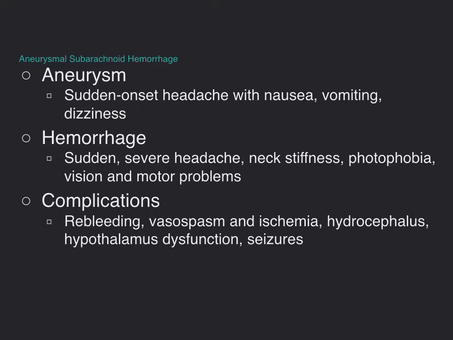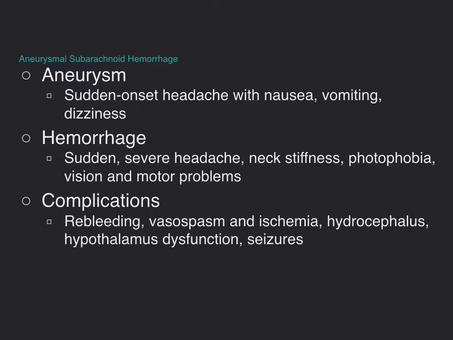And persons with subarachnoid hemorrhage often have a history of atypical headaches occurring days to weeks before the onset of the hemorrhage. And that suggests that there may be a small leak in that aneurysm. These headaches are characterized by sudden onset and often are accompanied by nausea, vomiting, and dizziness.